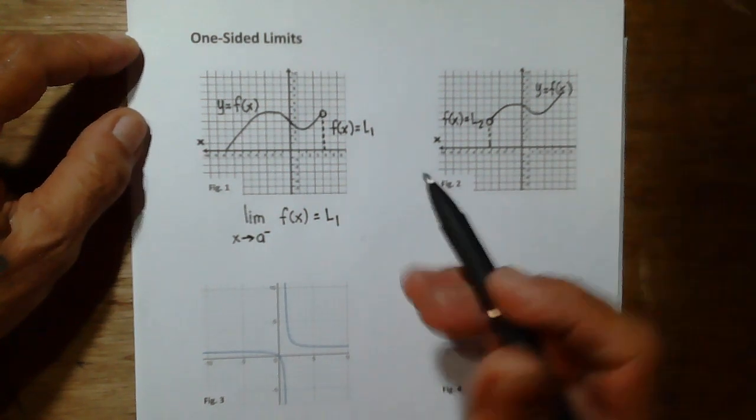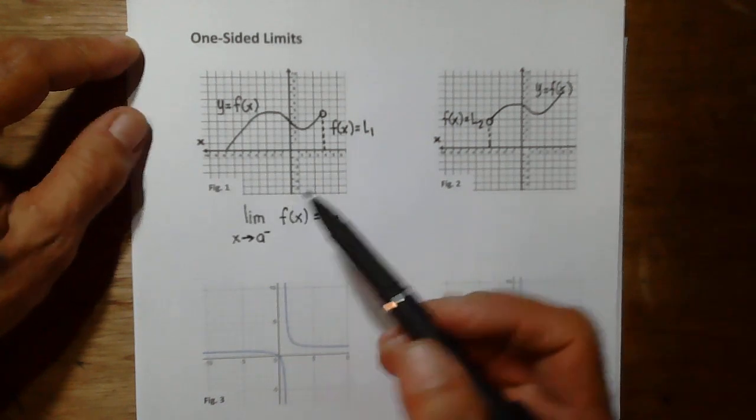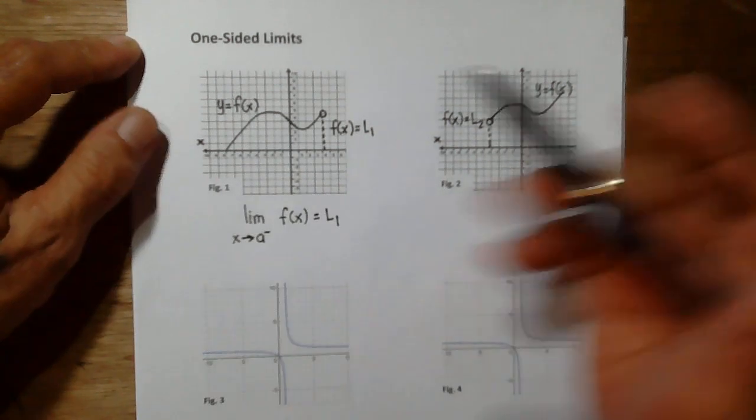So here is a one-sided limit where x approaches a from the negative side.